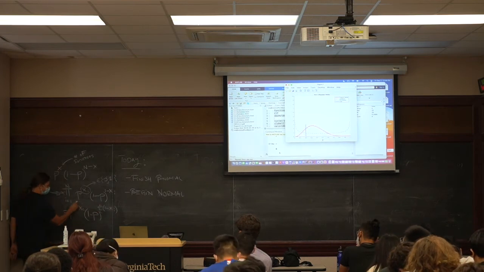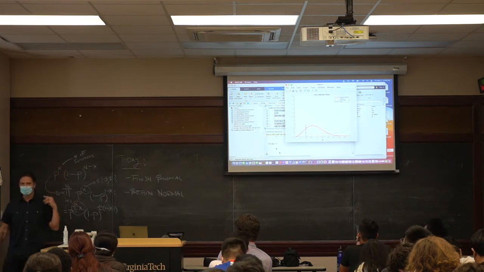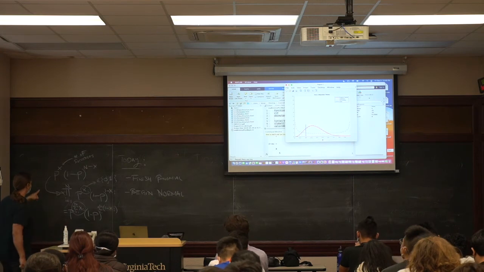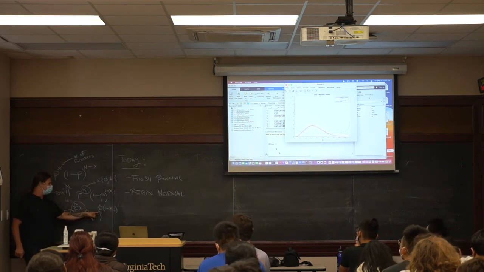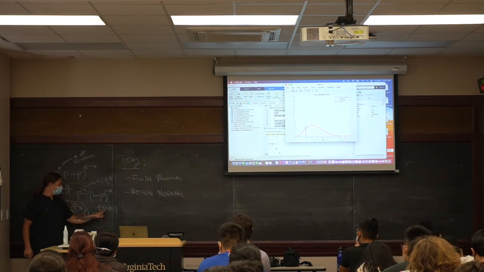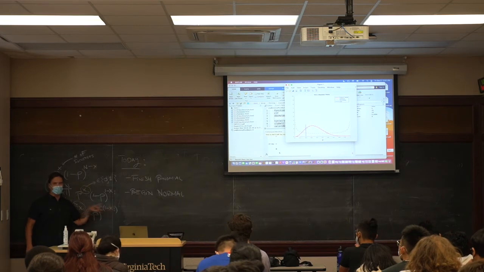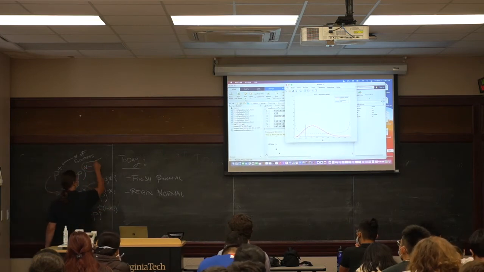The sum of the x_i's is equal to the total number of successes. The x_i's are 1s and 0s. If I add them all up, that's the total number of successes. You can see the same thing happens here. If I sum across this, I'm going to sum 1 n times. That'll be n. Subtract off the number of successes. So this whole thing right here is the number of failures.